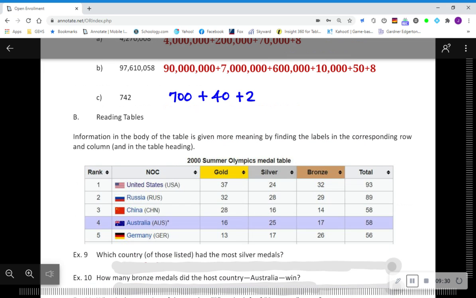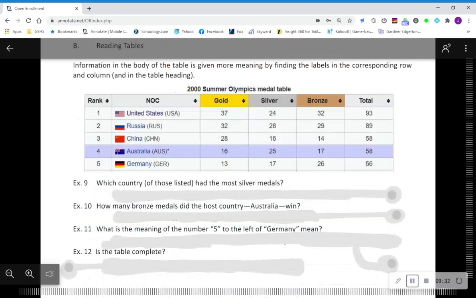Okay, we're going to do a little table reading to finish this note set out. And when you read the table, you want to make sure you read all the headings. This table shows the medal count for the 2000 Olympics in Sydney, Australia. And there's only the top 5 nations listed here. United States being number 1 and Germany coming in 5th. It might be ordered by the number of gold medals.